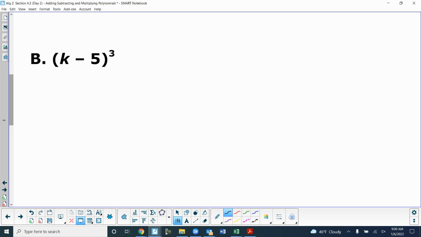So do this one to the third power using Pascal's triangle. So how many terms will you have when you're done, since it's to the third power? 4, right? So remember, you're going to have 4 terms in our answer.